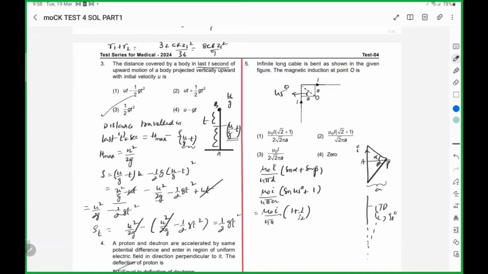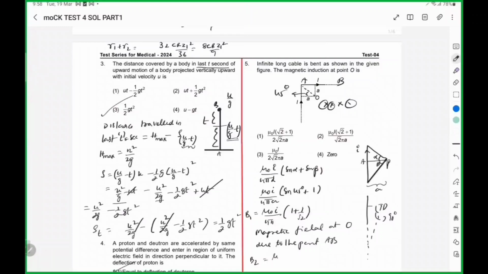So the current passing in upward direction, magnetic field at point O is into the plane. Even current passing along AB, the magnetic field will be into the plane. So both are in the same direction. So magnetic field at O due to part AB, distance same, semi-infinite wire.